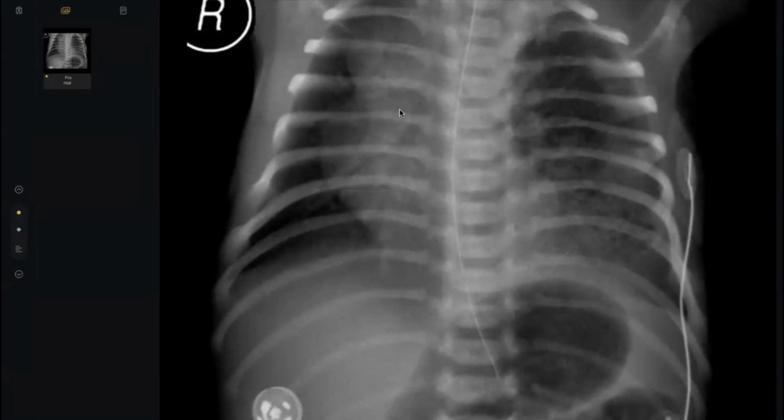I can appreciate that there are mottled lucencies involving the whole of the left hemithorax. These appear as increased opacification with internal cystic areas. The right lung fields are clear.